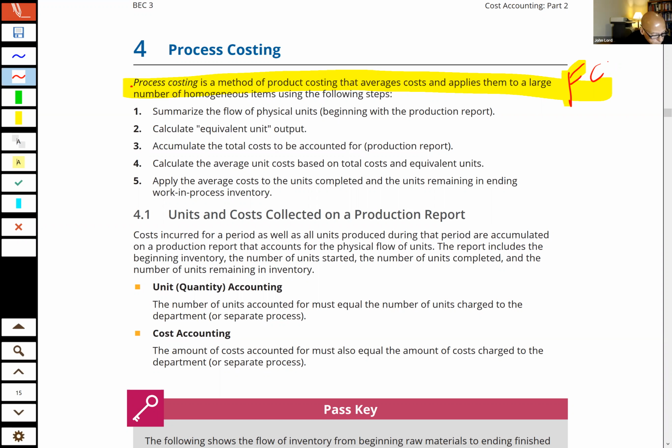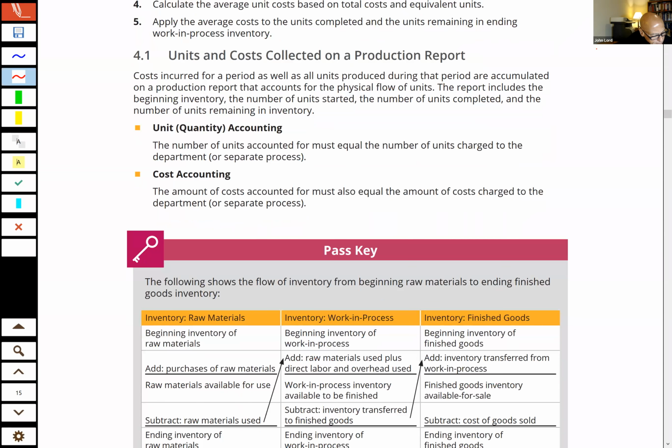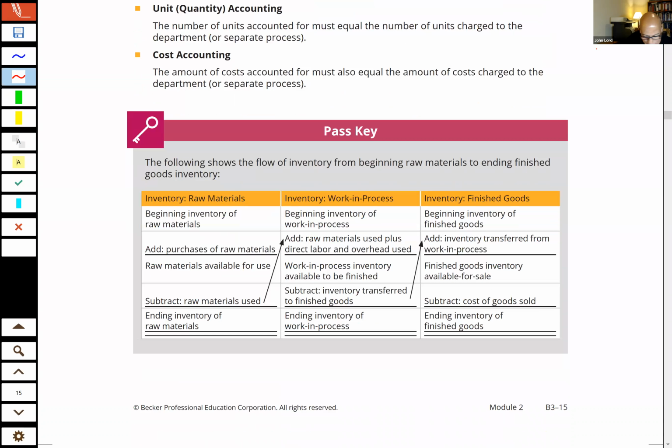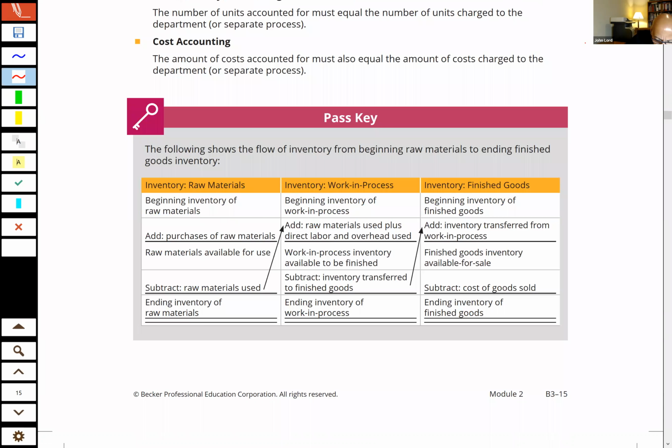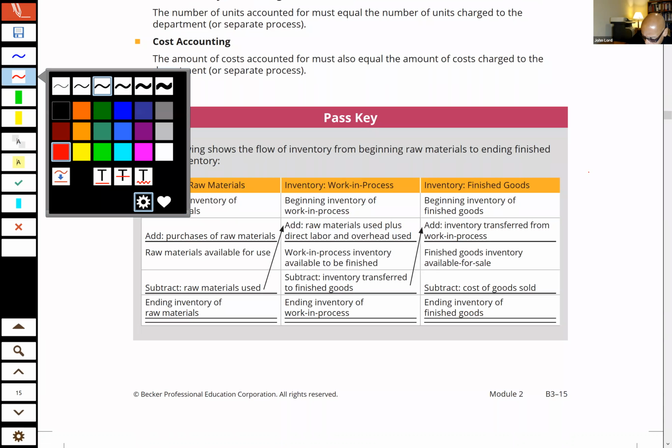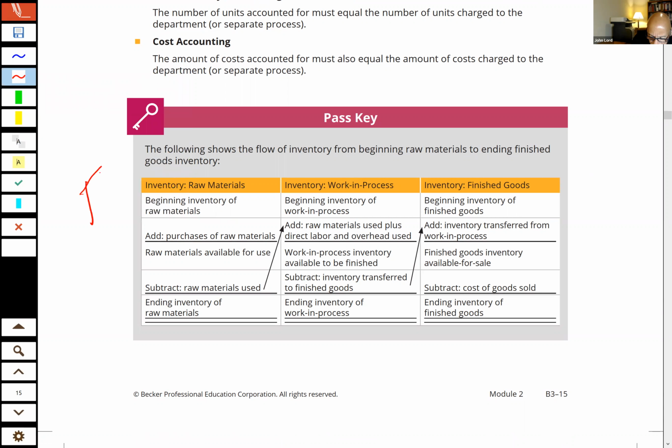Now, you come over and I don't see that this is only relevant to process costing, so I probably should have started here for a better segue and flow.